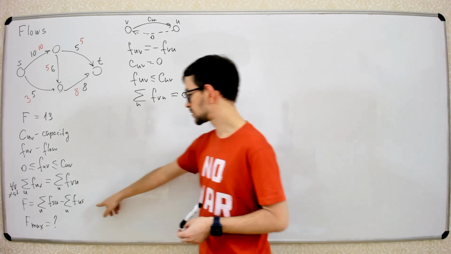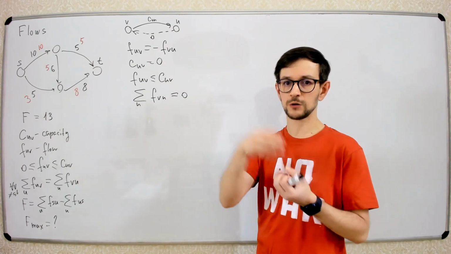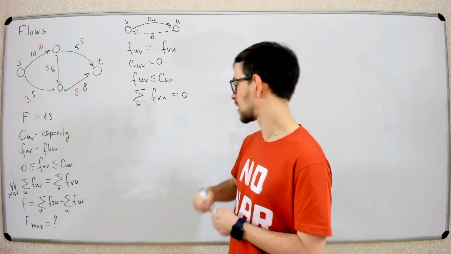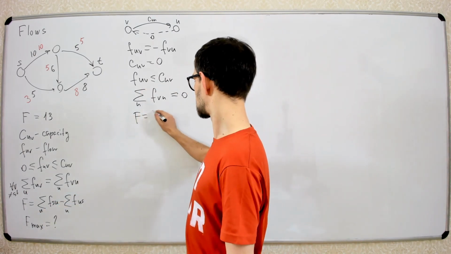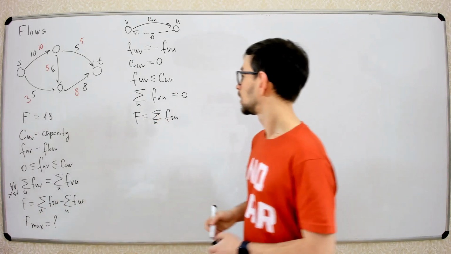And this equation is simpler. In this equation, again, if you summarize everything going out of the node S, you will have this sum with plus and this sum with minus. So F is just the sum of everything going out of S.